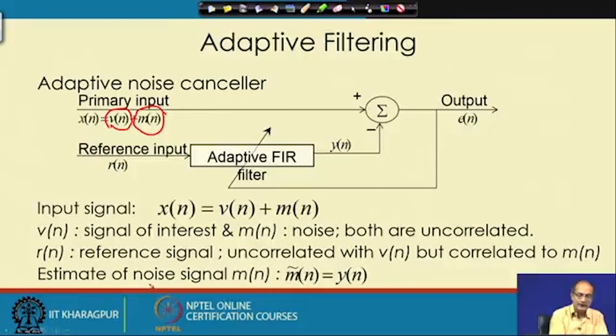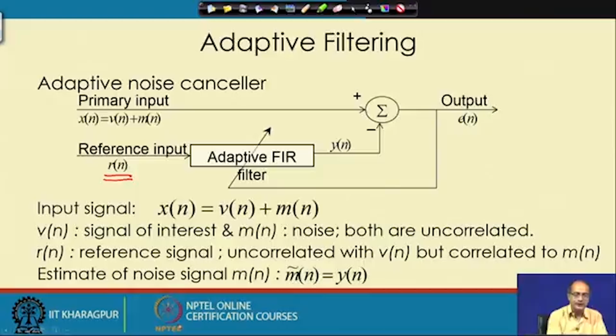The other input we have taken, the reference, is some signal r[n] which is correlated with the noise. Now, what is the advantage in taking a signal which is correlated with the noise? I think it is much easier to actually get.